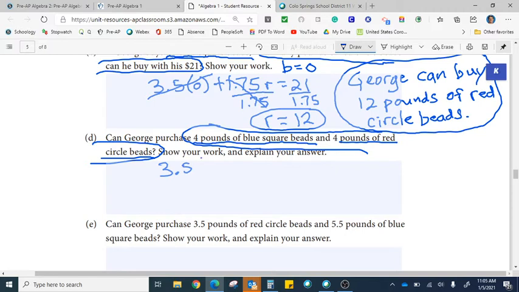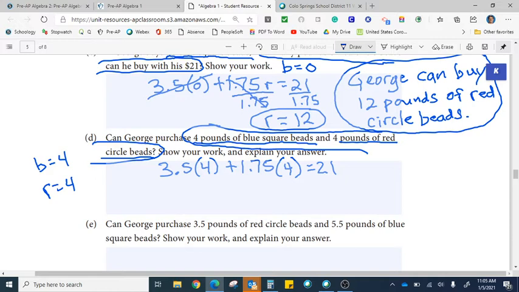3.5 times 4, because we'll say B equals 4 and R equals 4. Just substitute them in there. Plus 1.75 times 4 equals 21. Okay? All right, so I can plug this in.